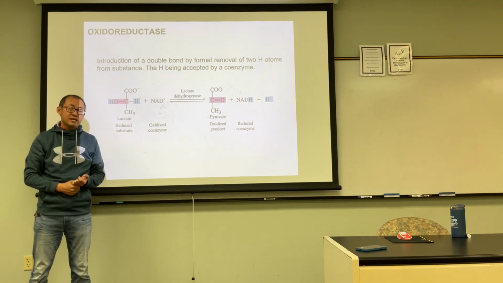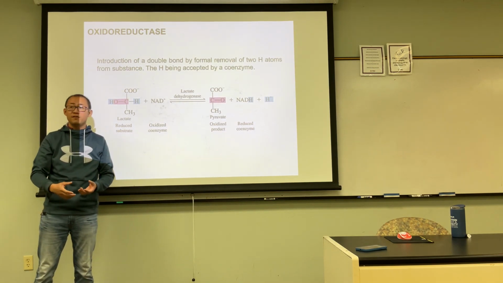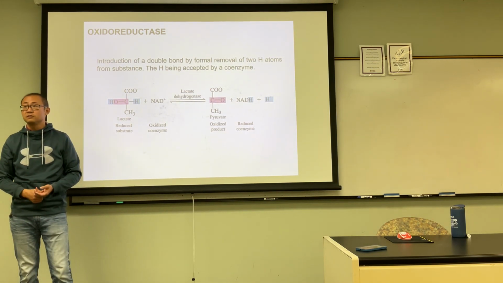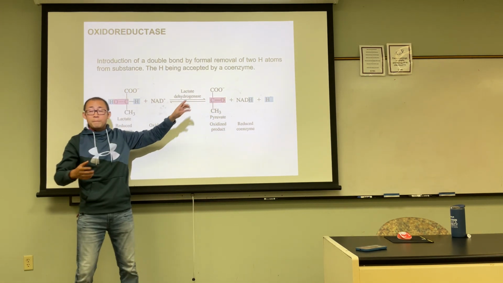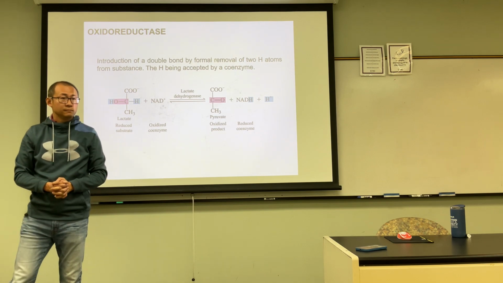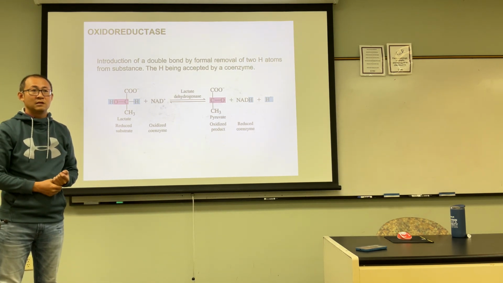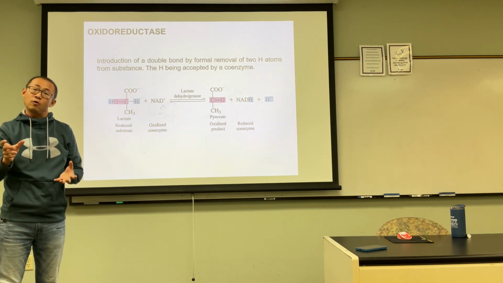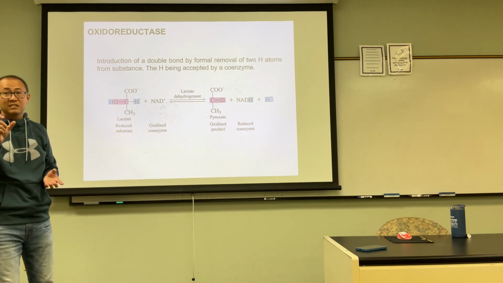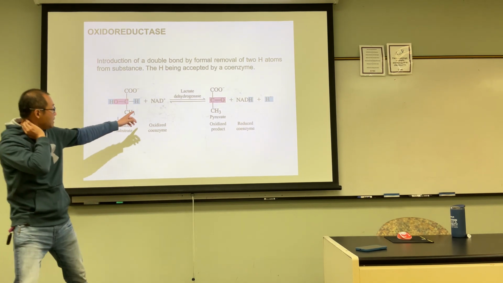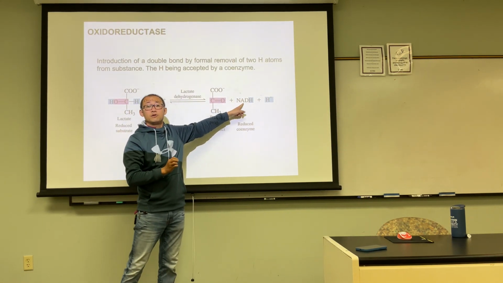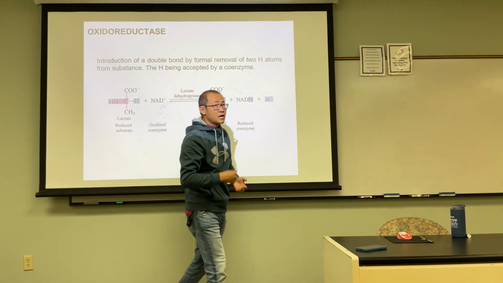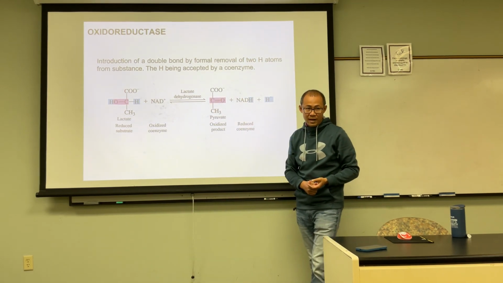NAD plus and FAD are both nucleotide derivatives. They're hydrogen what? Acceptors. So NAD plus will become what? NADH. FAD will become FADH2. These are very typical for oxidoreductase reactions because if you're removing hydrogen, you need a hydrogen acceptor. If you're giving hydrogen, you need what? A hydrogen donor.